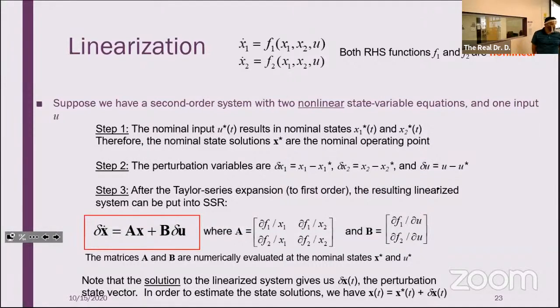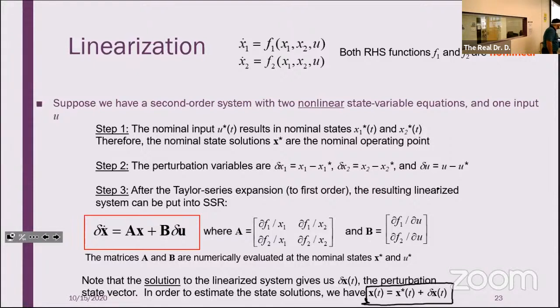If you've linearized your system, you're actually not getting x dot out, you're getting delta x dot. So in order to solve this for x, you're going to have to recombine it in this equation. Because x is just x star plus delta x.